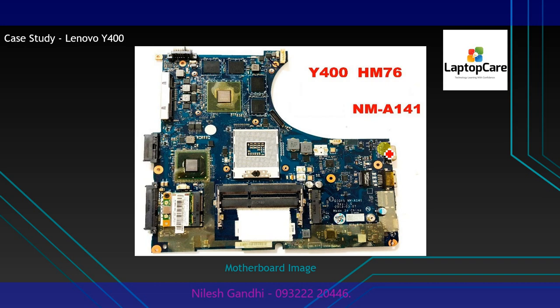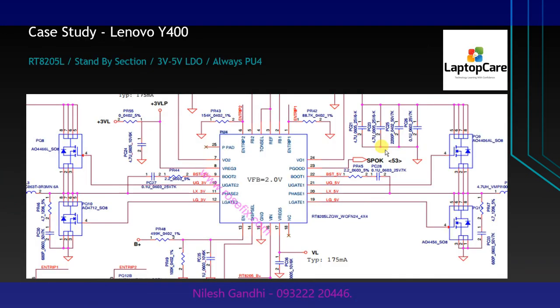When we took the motherboard out of the laptop and checked outside, we straight away went to the standby section, which has IC part number PU4, IC number RT8205L, because there was no 3 volt 5 volt always output on the output coils. So we decided to check this IC.